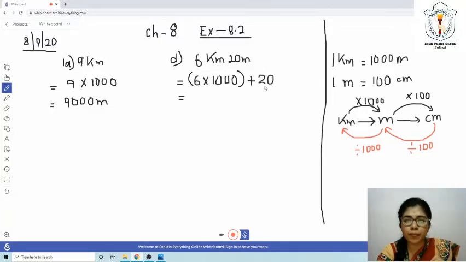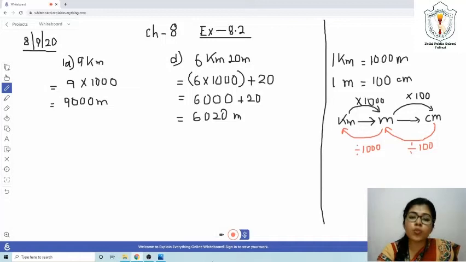First we'll multiply. So 6 into 1000 is 6000. And then we will bring 20 down. Plus 20 is there, so we'll write 20 down. What is the answer? It is 6020 meter.